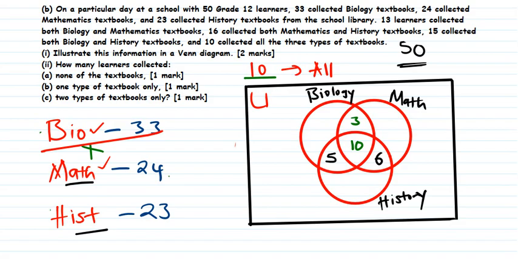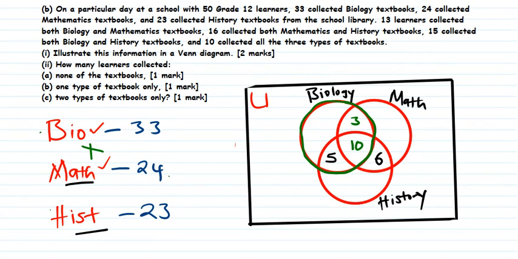Biology has got 3. We don't just write the 3 there, we have to remove everything that is within biology. So biology is all this part. Okay, so let's try to add what is already indicated in biology. So we have 3 plus 10 plus 5.